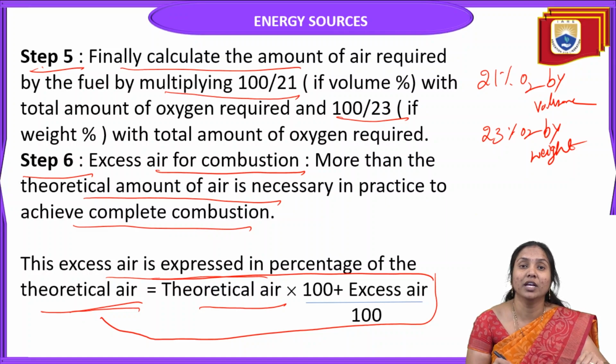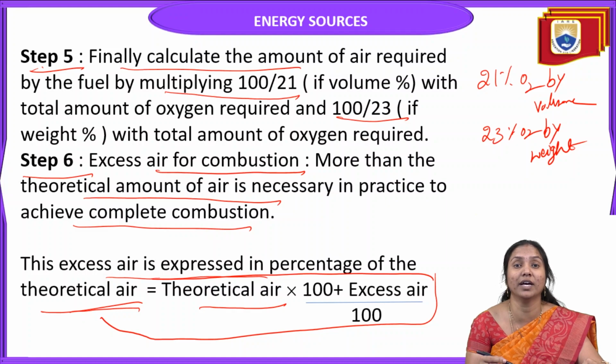And next, if we are taking by weight, we use the formula 100 by 23, or if by volume, the formula 100 by 21, with the total amount of oxygen required. And the last step is excess of air for combustion, which is necessary for complete combustion of fuel.